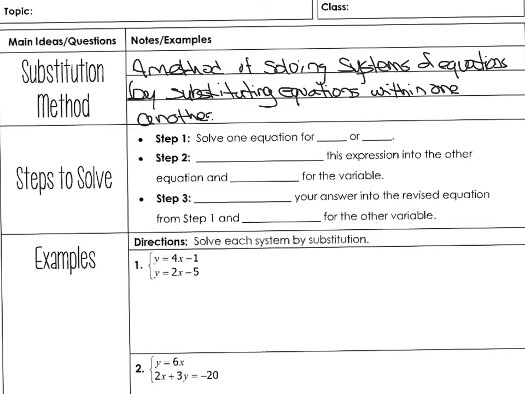All right, a method of solving systems of equations by substituting equations within one another.